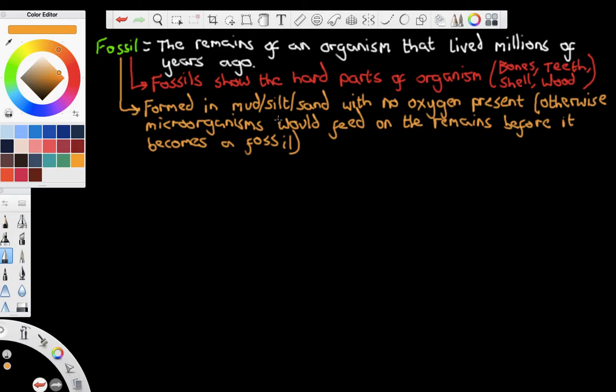Now, as I said earlier, when you look at a fossil, you're not actually looking at the bones, you're not actually looking at the teeth, you're looking at minerals that have replaced those parts of the organism.